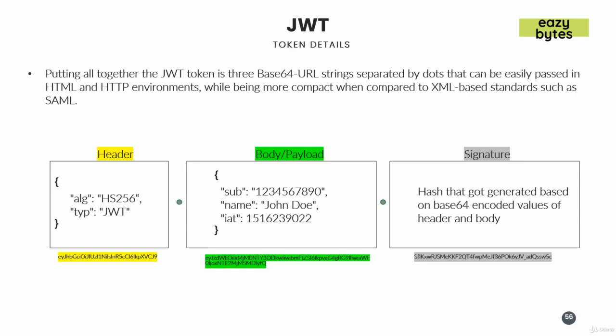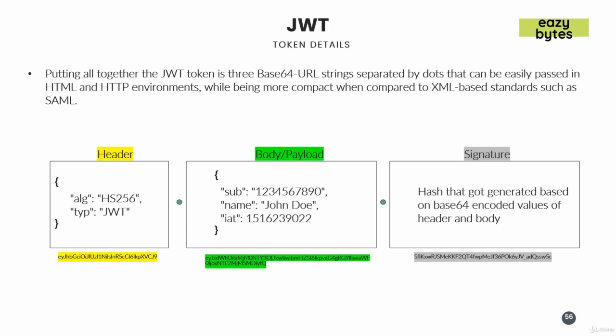But please remember, whenever you introduce encryption and decryption unnecessarily, it will use a lot of your server computation. So by default, you can always send your header and body as base64 encoded values, since they are very easy to decode, and you can protect those values by generating a signature and holding it in the signature part.